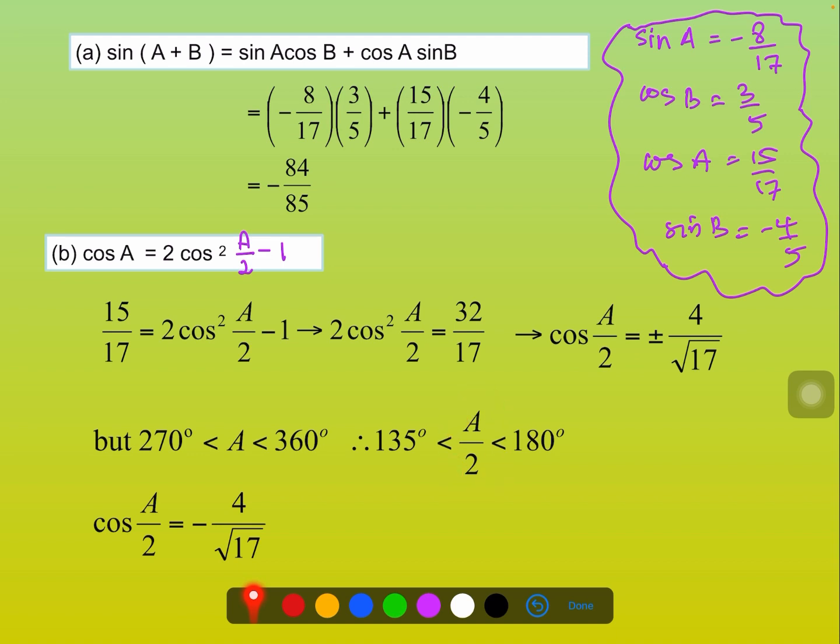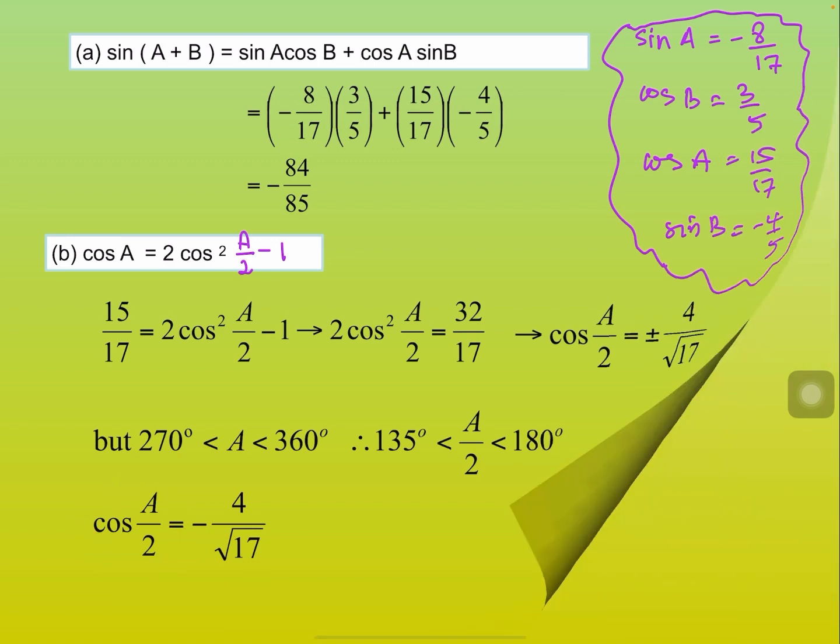A over 2 must be from 270 divided by 2, we have 135, and 360 divided by 2, we have 180. So therefore, we should choose the negative one, minus 4 over root 17. This is cos A over 2.